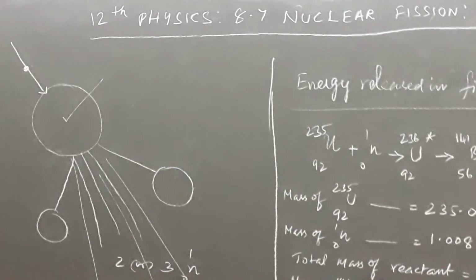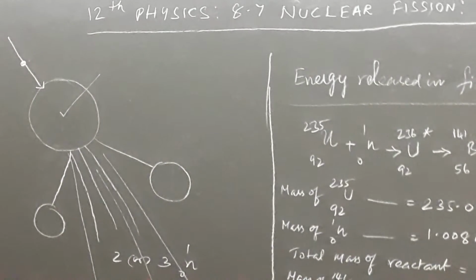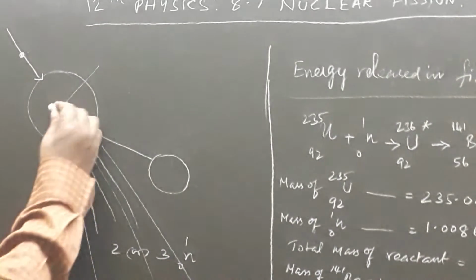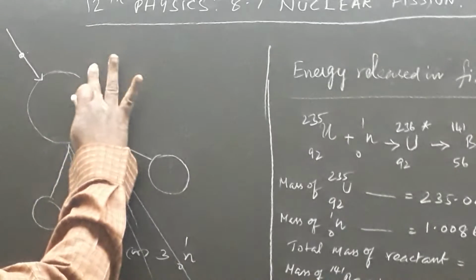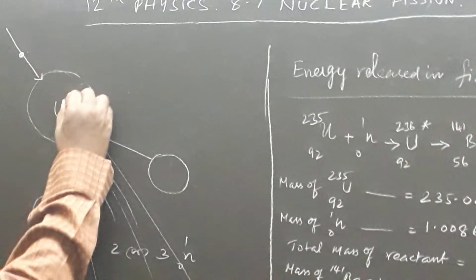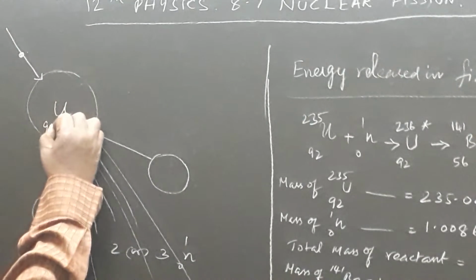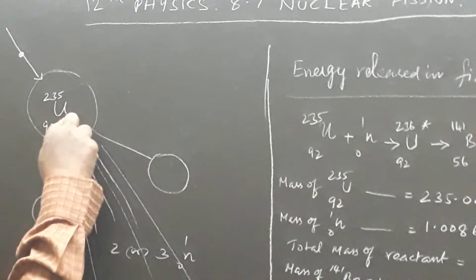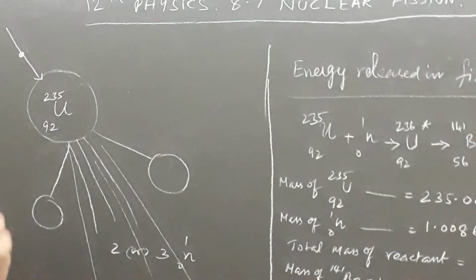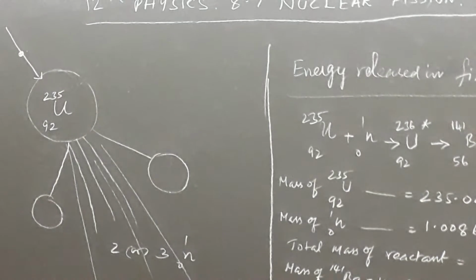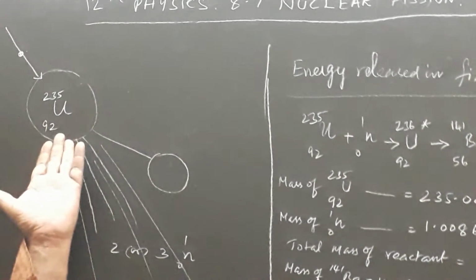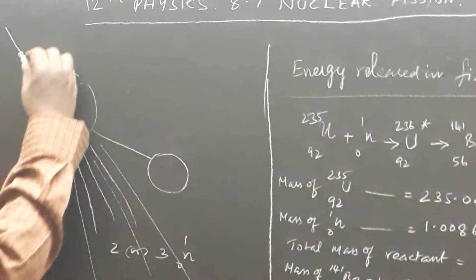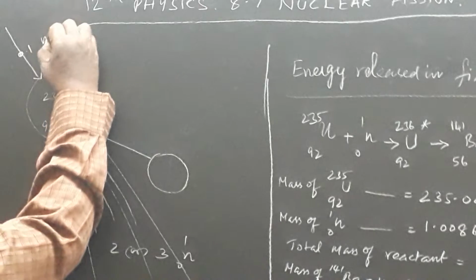Now, let me study the fission process clearly. Imagine the heaviest nucleus, uranium 92, 235. This is called the heavier nucleus. You consider only one nucleus, uranium 92 235. It is bombarded by one neutron.